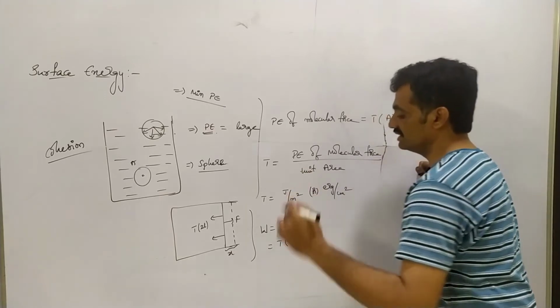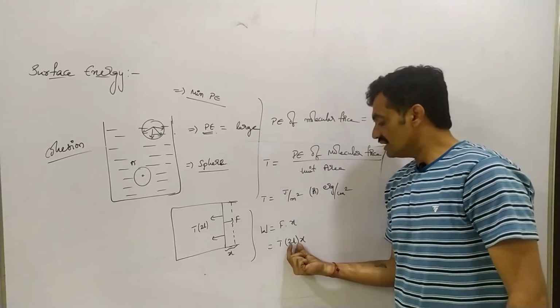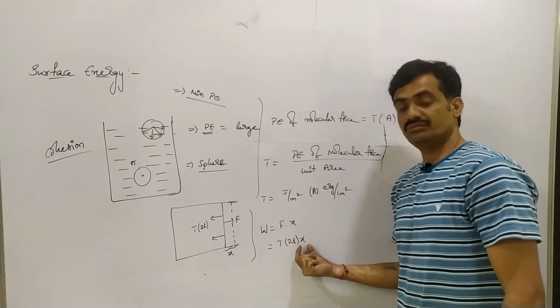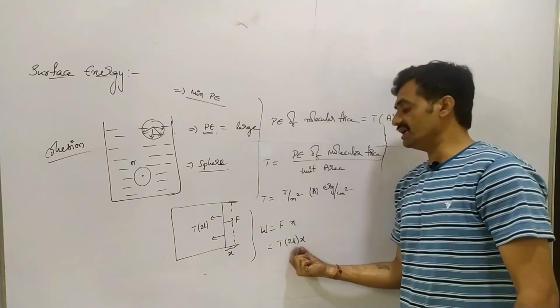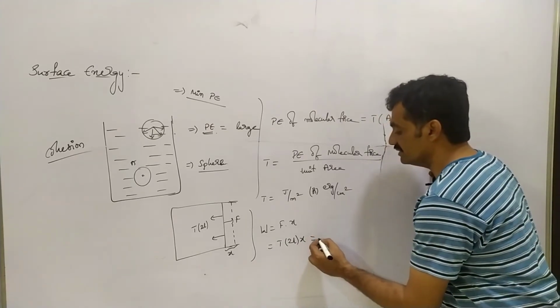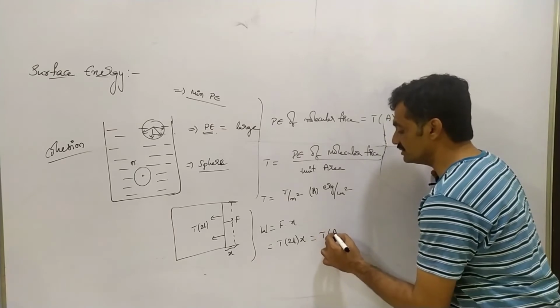So W equals T into 2L into X. Observe that length into breadth is nothing but area, so it can be represented as T into A.